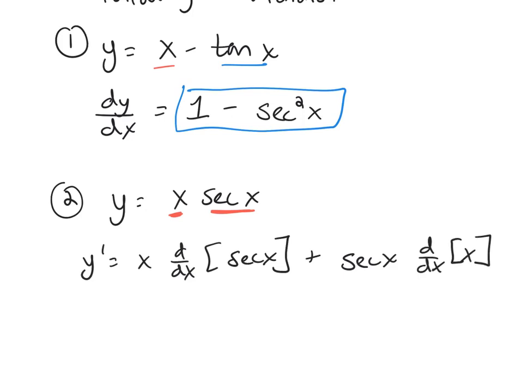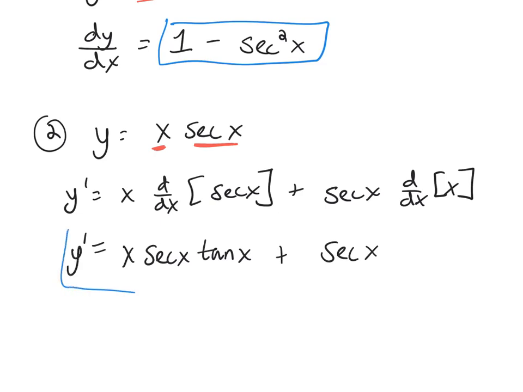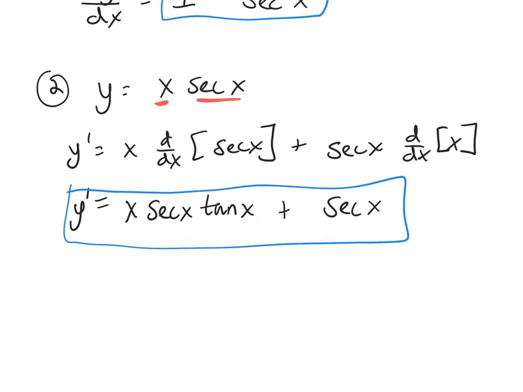This is by the product rule. And secant, we learned that the derivative was secant times tangent. And the derivative of x is just 1 by the power rule. So this would be my derivative right here. X secant x tangent x plus secant x.